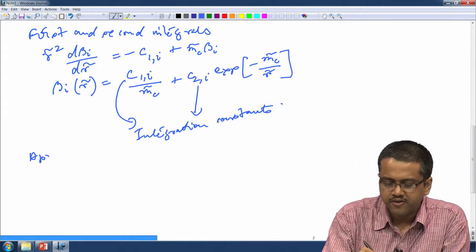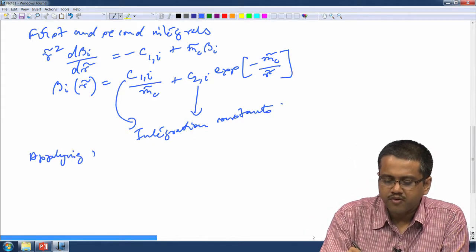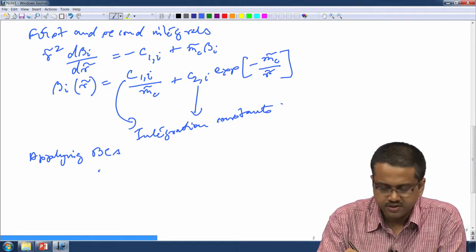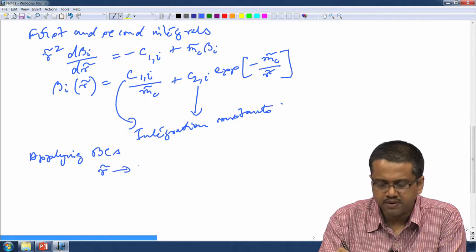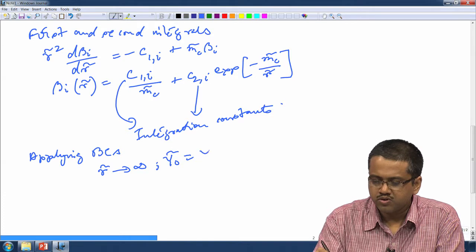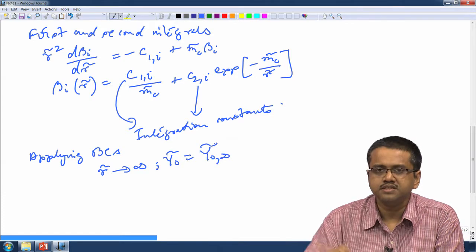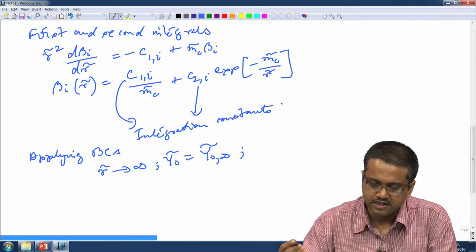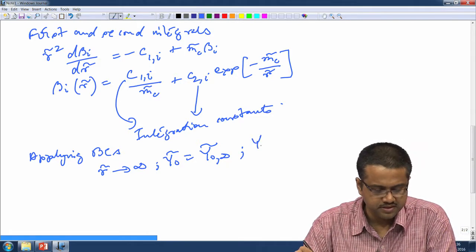So, applying boundary conditions, what will be the boundary conditions? The boundary conditions will be as r bar goes to infinity, Y_O goes to Y_O infinity. This is the oxidizer that will go to its own concentration in the ambience.